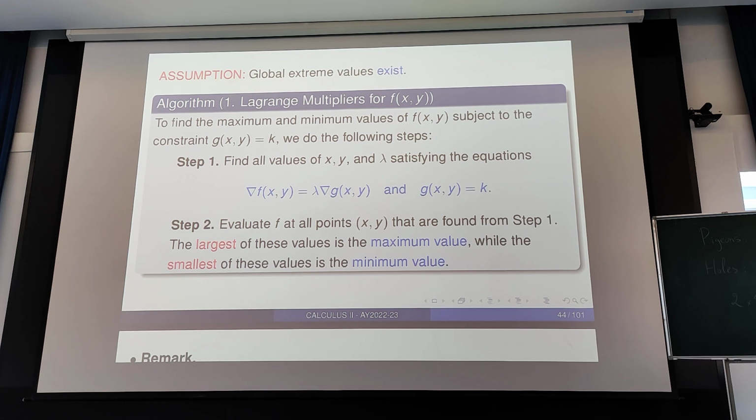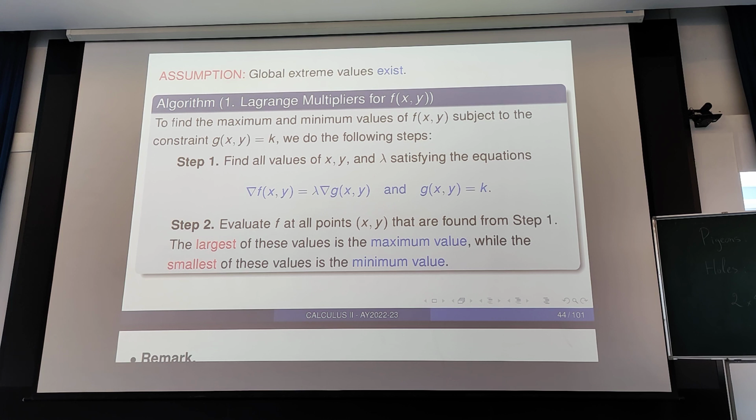We evaluate the value of f at all points (x, y) we found in the first step, and compare all of the values. Then the largest value is the maximum value, and the smallest value is the minimum value.